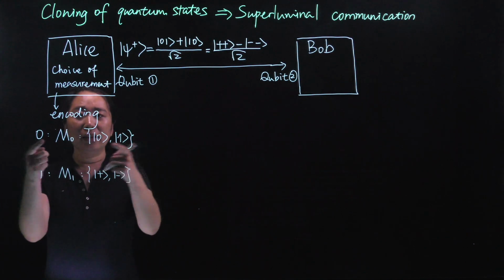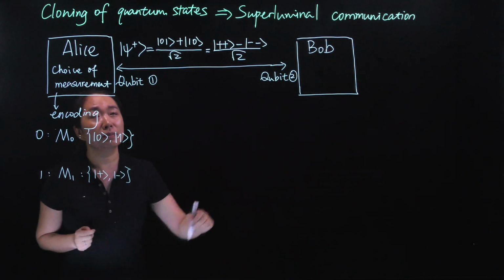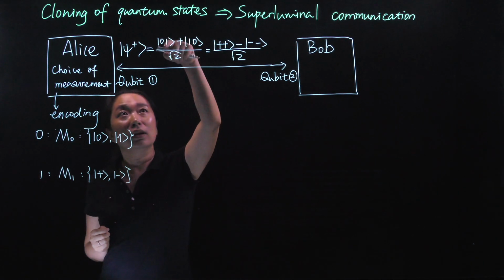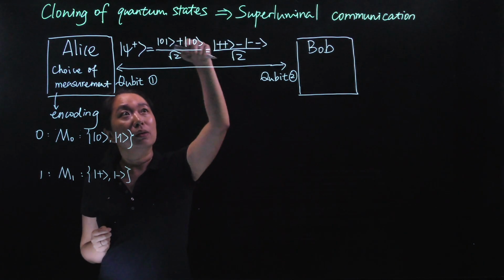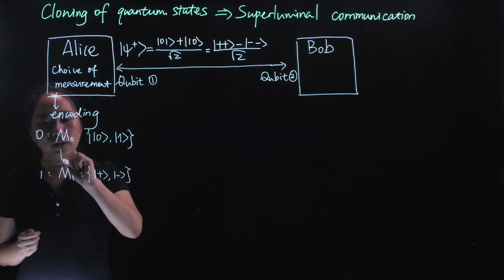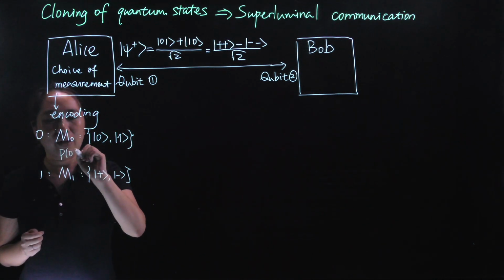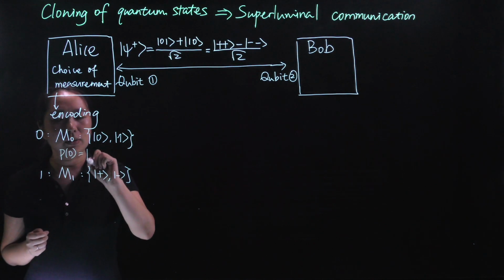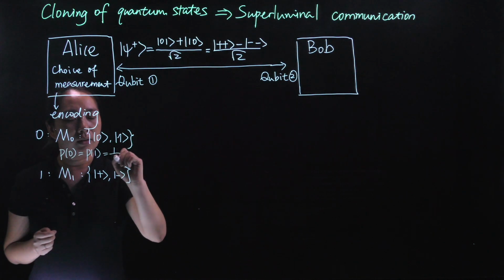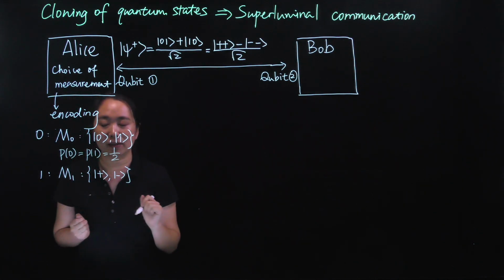In the first case, if she measured in the computational basis, given the shared state, the qubit would be either in 0 or 1 with equal probability. So the probability of having 1 equals the probability of having 0, and both of them are 50%.